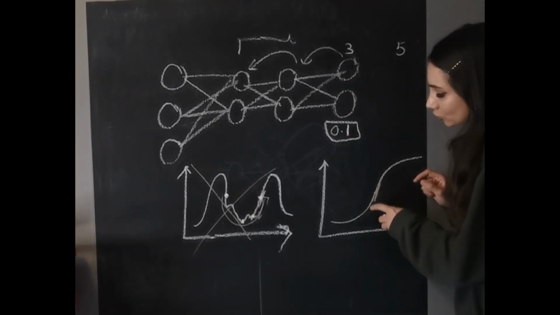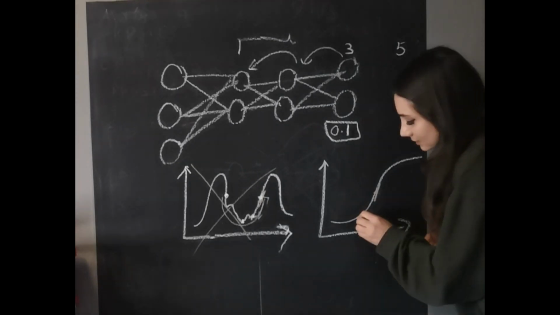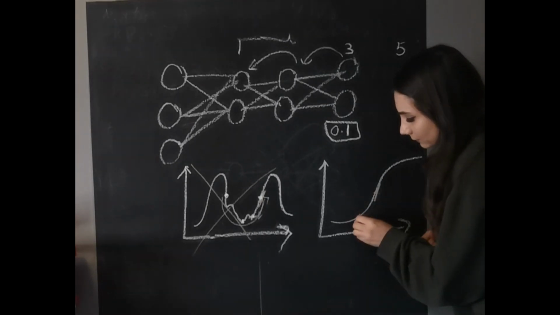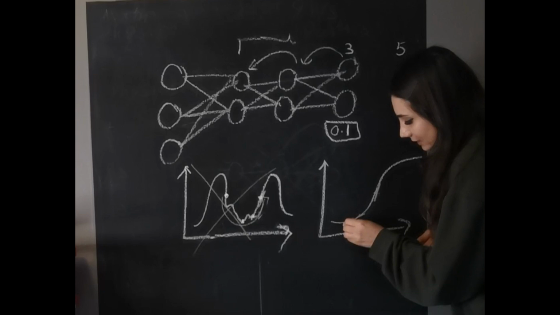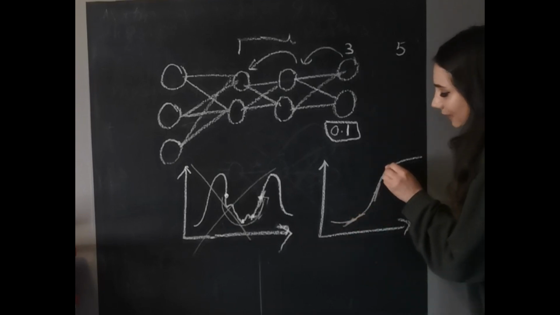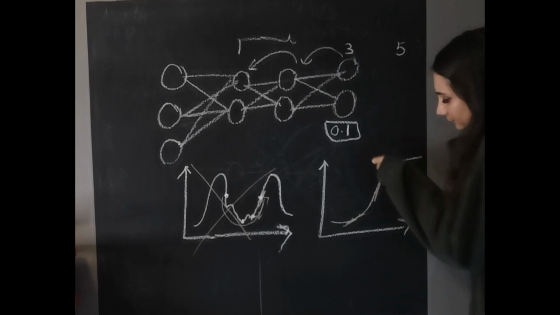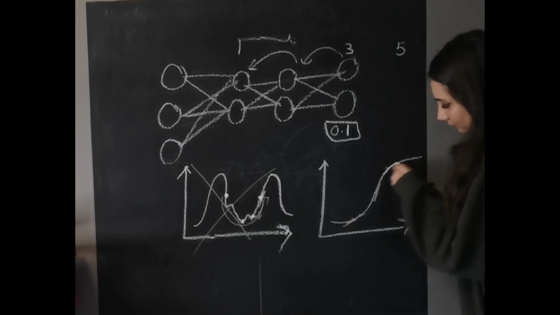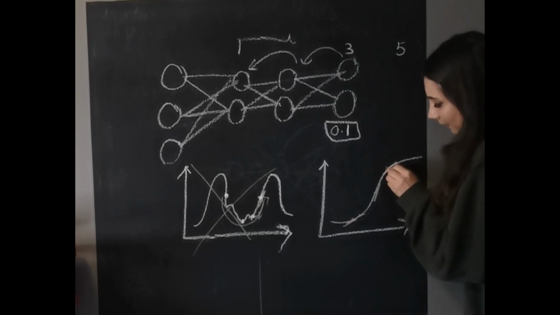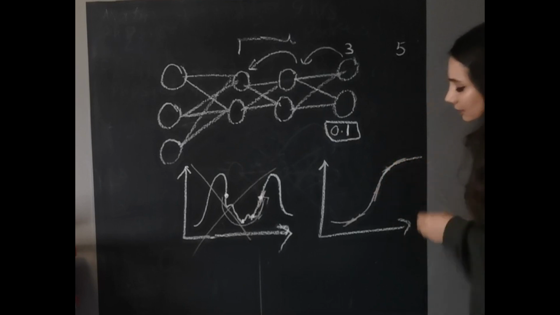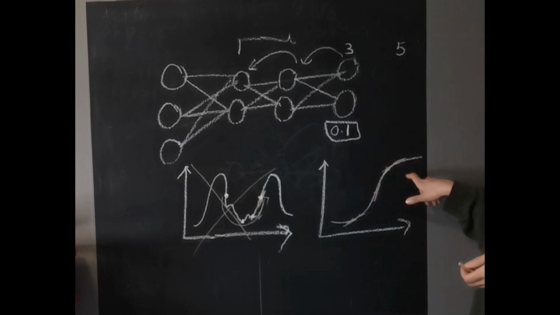so the learning happens quite frequently. But when you get close to, for example, 0 or 1, the gradient or the derivative is not steep anymore. It becomes more flat, so the gradient is going to be very small.